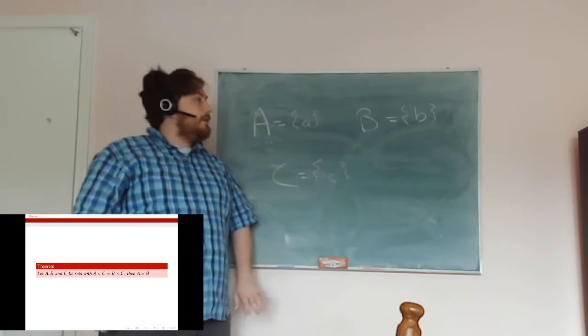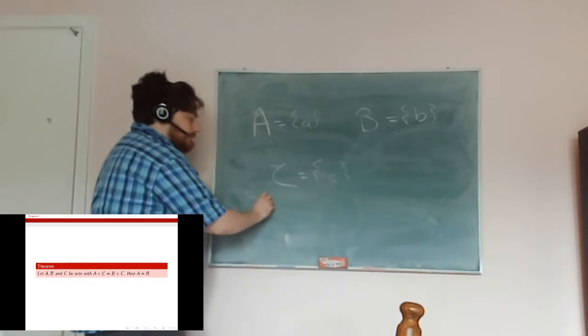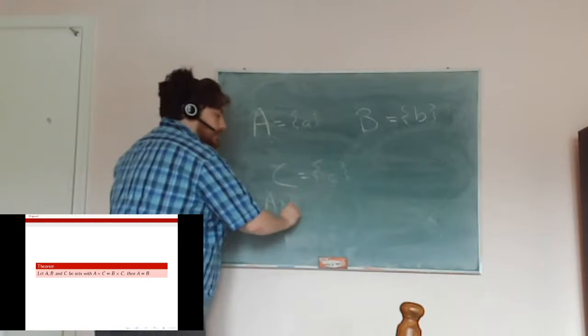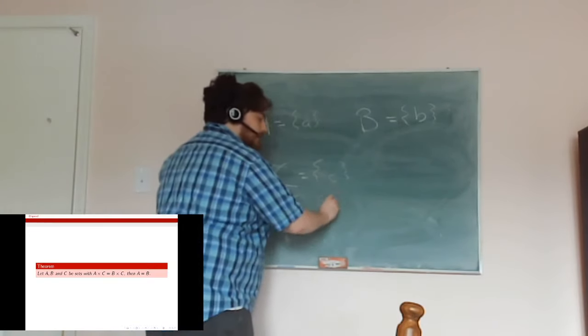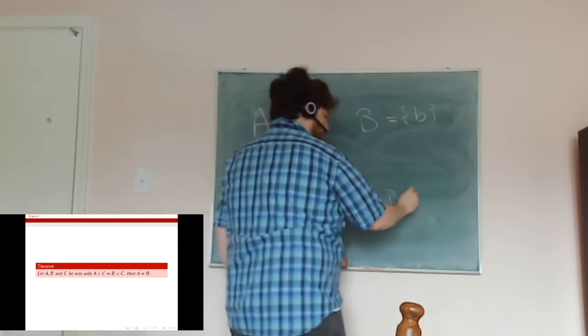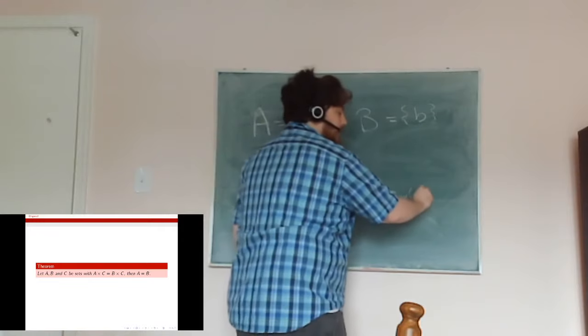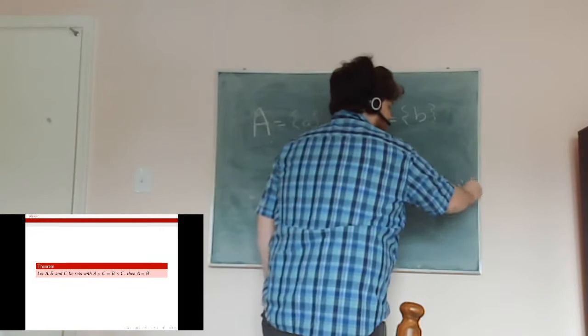And then if I do this, what is A cross C? It is going to be the set consisting of the element ac. And B cross C is a set consisting of bc.